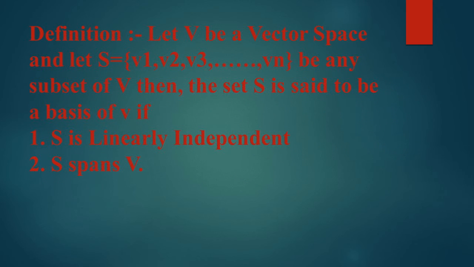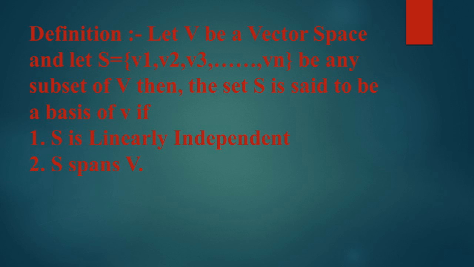And next we will define basis. So what is the basis of a vector space? Let V be a vector space and let S = {v1, v2, v3, ..., vn} be a subset of this vector space V. Then this subset S is said to be a basis of V if it satisfies two conditions. The first condition is that S is linearly independent.